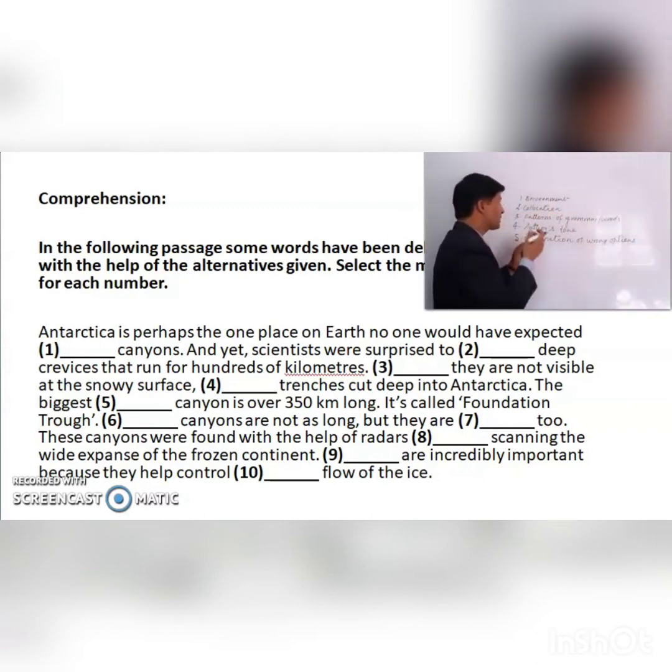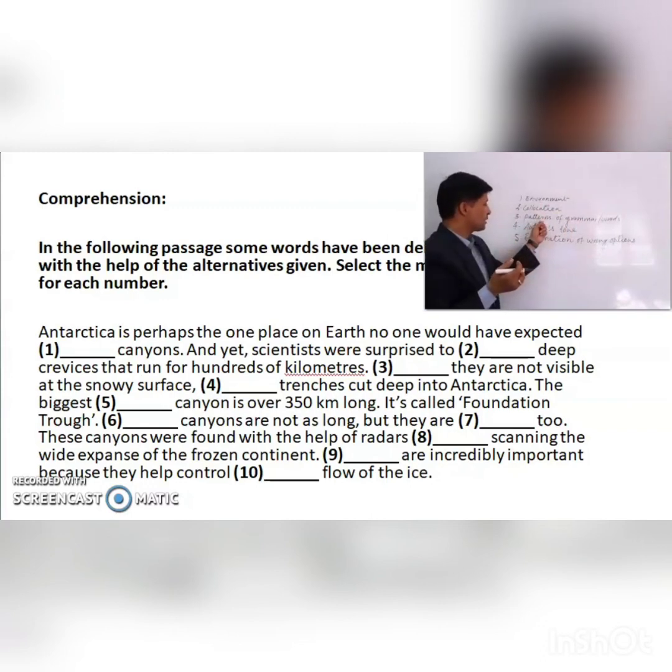The first question, have expected, has been set on the pattern expect plus full infinitive.